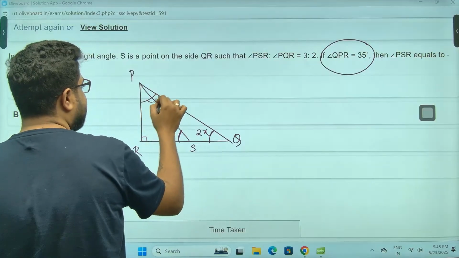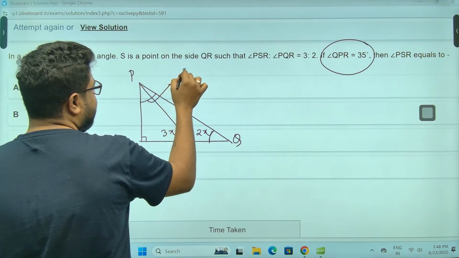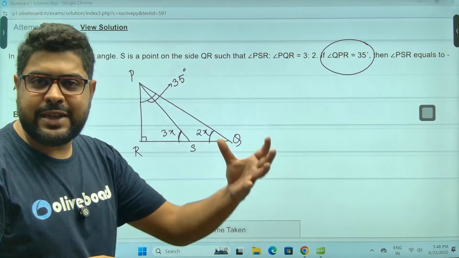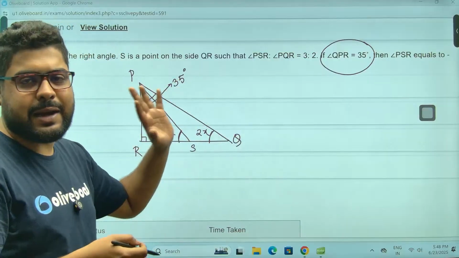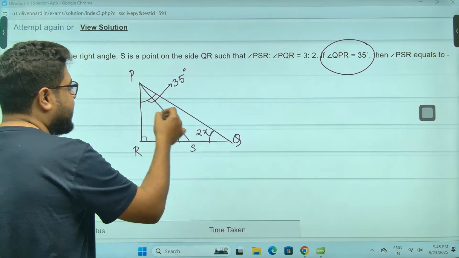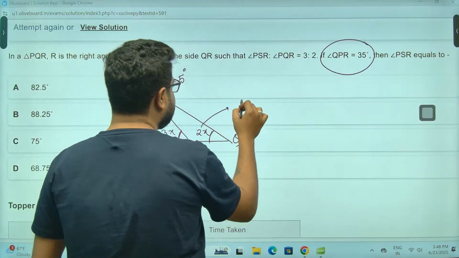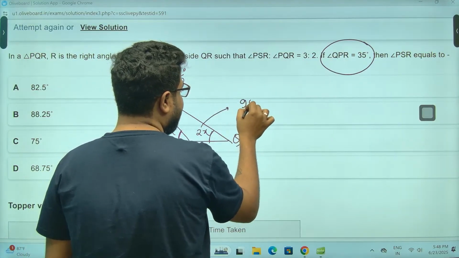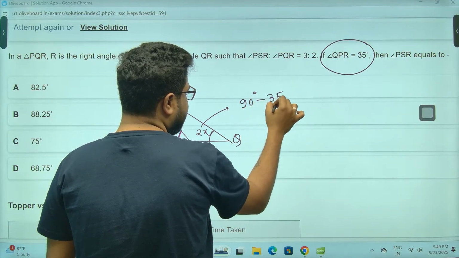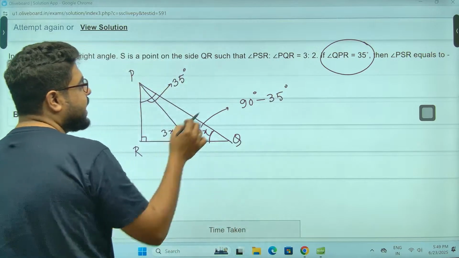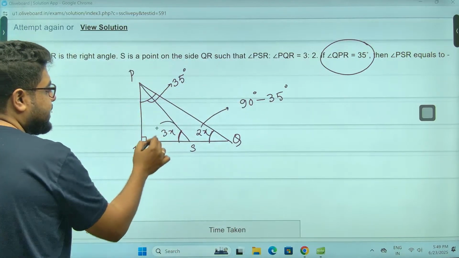QPR means this angle. Sir, if this is 35, by using the simple rule of complementary angles, total 180, these two are complementary. So 2x is equal to 90 minus 35 degrees. This is 2x. They're asking for the value of PSR, meaning this value.